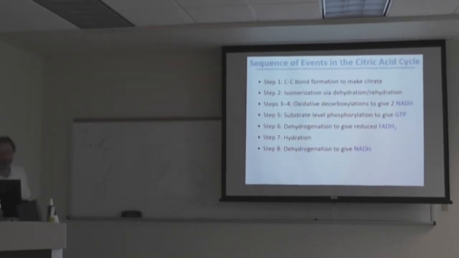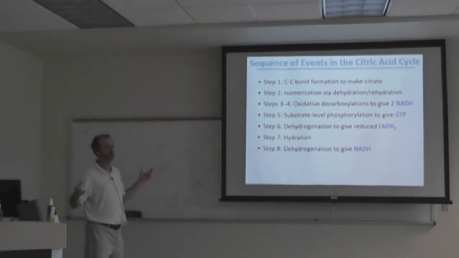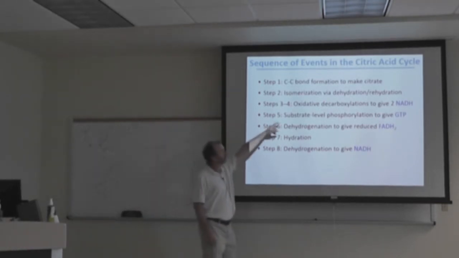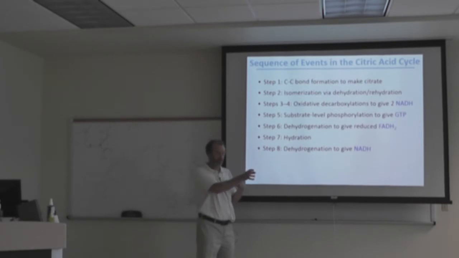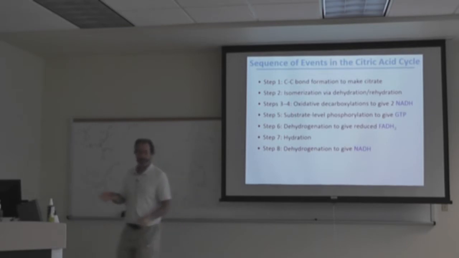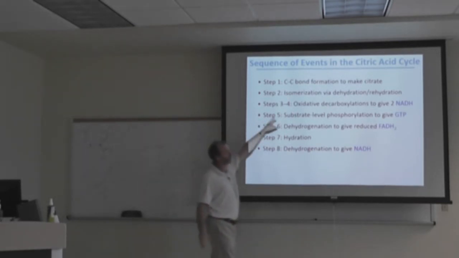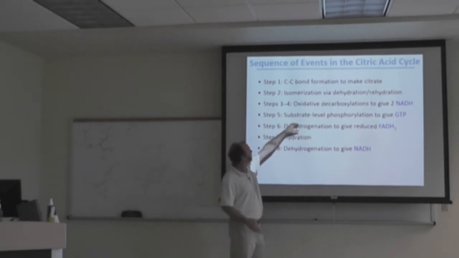So the sequence of events in the citric acid cycle. First, we form a carbon-carbon bond to make citrate between the acetate and the oxaloacetate. Then we isomerize via a dehydration-rehydration reaction, just moving that alcohol group from a tertiary carbon to a secondary carbon. And that makes it good for an oxidative decarboxylation on the next step.